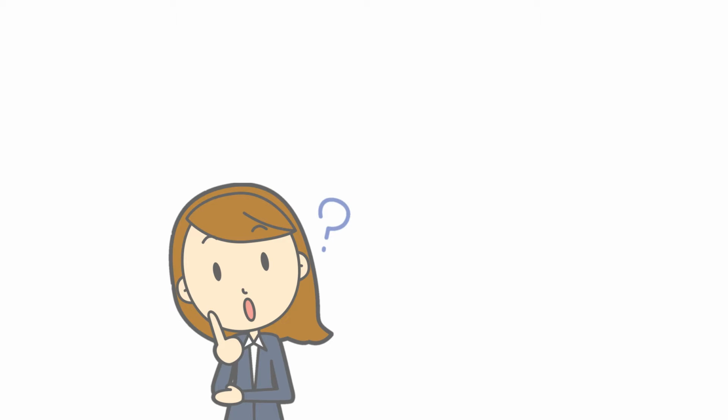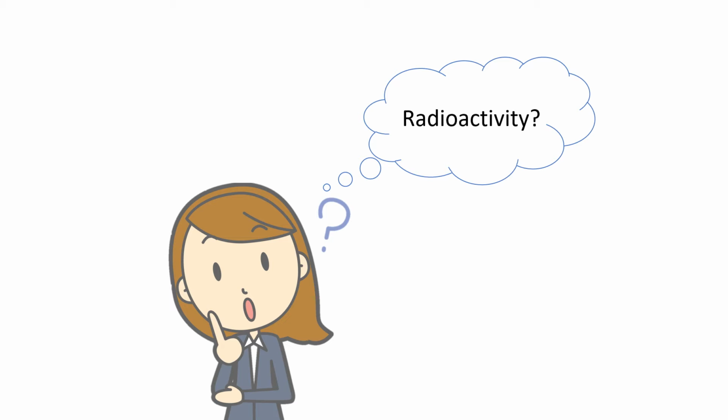Oops! Before that, do you still remember about radioactivity that you learned in Form 3? Never mind. Let's recall that together. As the introduction of today's lesson, let's start with what is radioactivity?